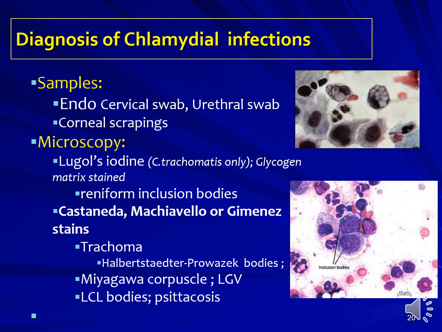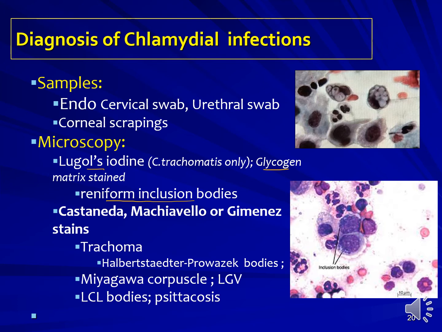And diagnosis of chlamydial infections. The samples to be collected are the endocervical swab, the urethral swab and also corneal scrapings. Then we have to prepare smears to subject to microscopic examination. Lugol's iodine staining of smears from either the cervical swab or corneal scrapings will show the reniform shaped inclusion bodies, which are nothing but the glycogen matrix of the infected cells.